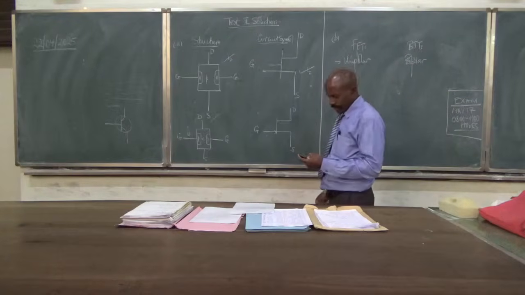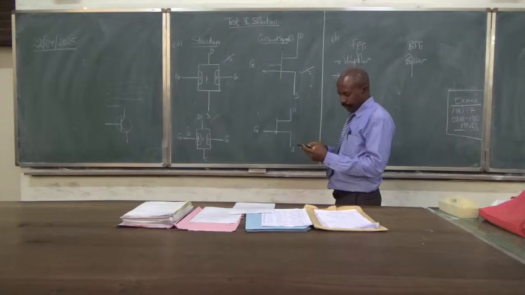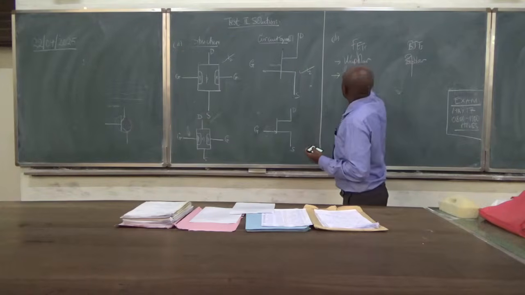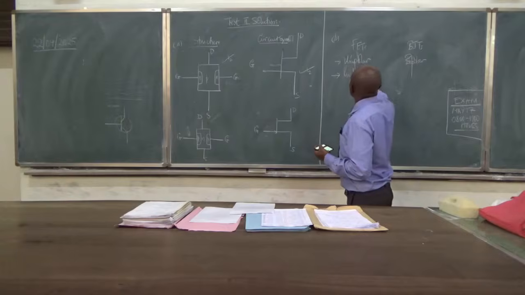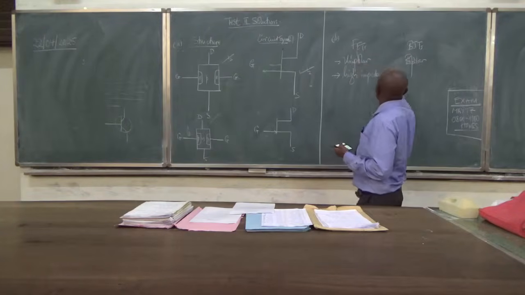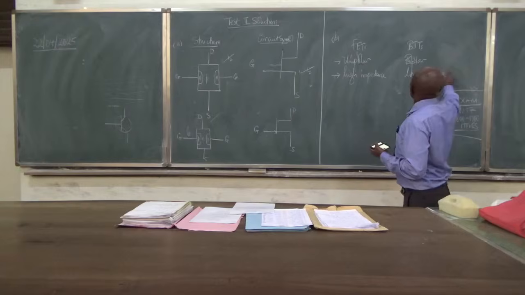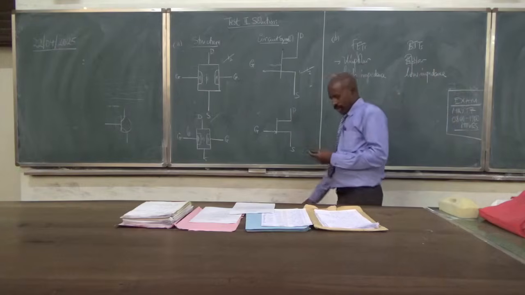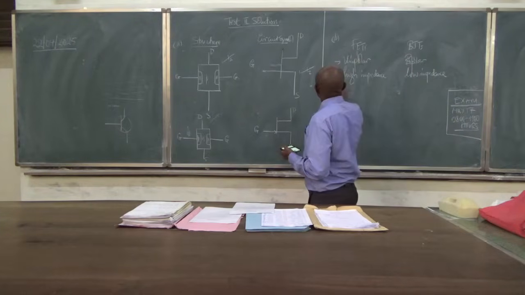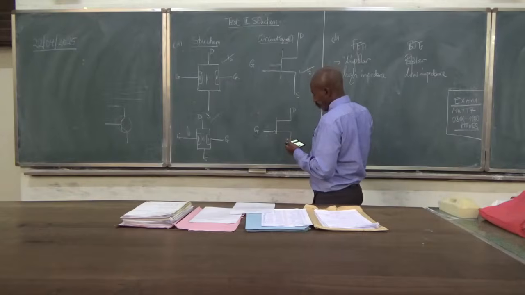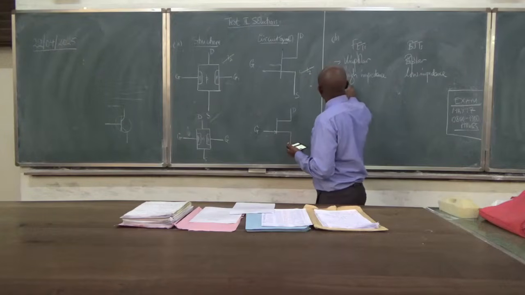They have high impedance. I'm just going to show the comparison. So these ones have low impedance, and they use a lot of power. So these ones use low power, so low power dissipation.